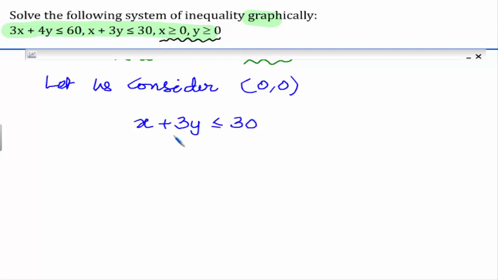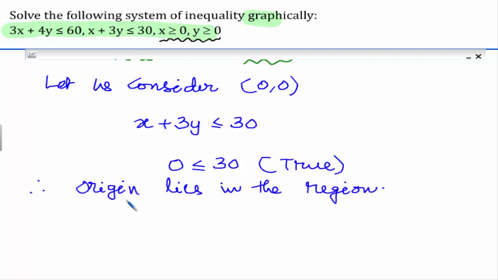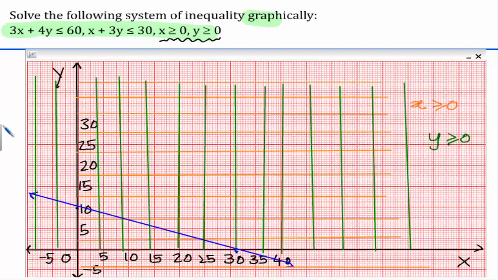If I substitute origin in place of x and y, then I get 0 less than or equal to 30, which is a true statement. So therefore, the origin lies in the region. That means we need to draw the region towards the origin this way. Now here the blue lines will represent the inequality x plus 3y less than or equal to 30.